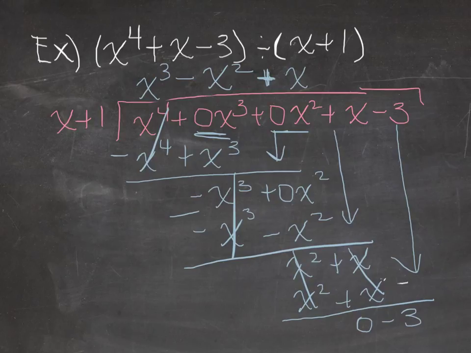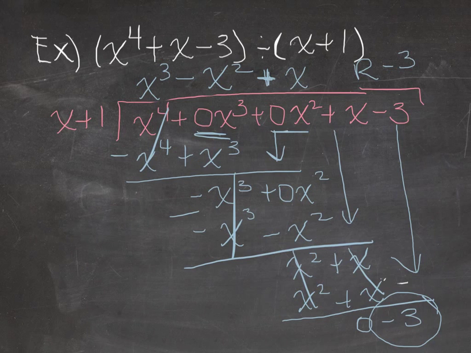So now again I want to think what times x will give me 0. Well, that would just be 0, right? So then I'm done. There's not going to be any other constant term. And this will be what's called my remainder. So I have a remainder of negative 3. And we'll look at maybe more in detail what that means in another video.